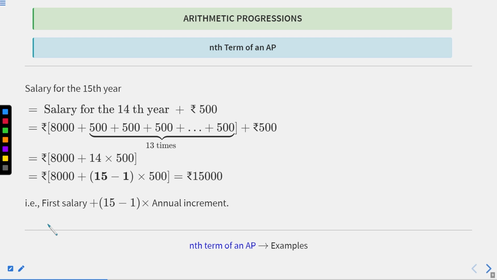And this is equal to rupees 8,000 plus 15 minus 1 times 500, which is rupees 15,000. So here we get this general form: first salary plus (number of years minus 1) times annual increment. Here the number of years is 15, so 15 minus 1 times the annual increment.